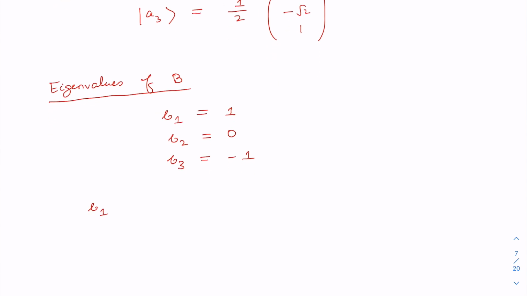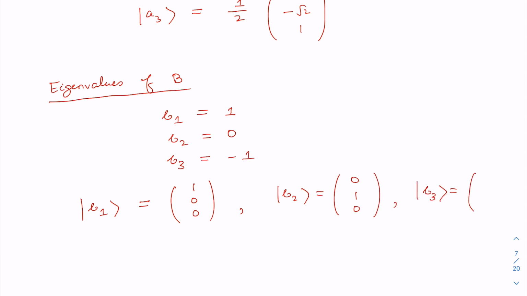Please verify that you will get ket b1 as (1, 0, 0), which is already normalized, ket b2 is equal to (0, 1, 0), and ket b3 is equal to (0, 0, 1). As you can see, none of the eigenvalues of A and B are degenerate here.